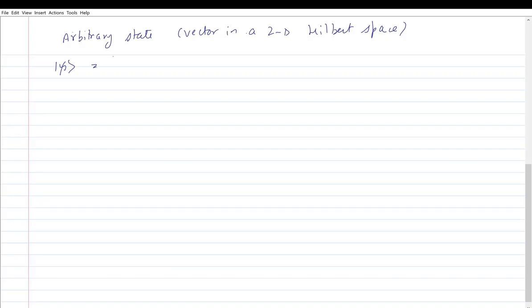So I have this, and let's consider a normalized vector. So I have a normalization condition as well. So I have 3 independent parameters.